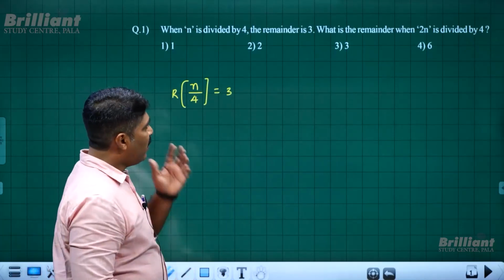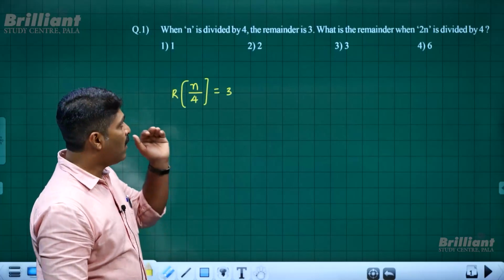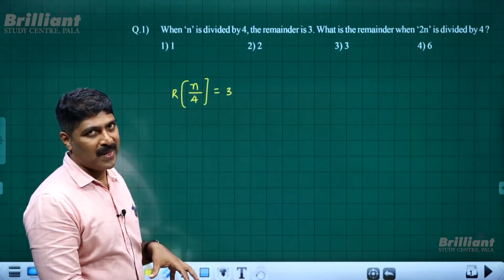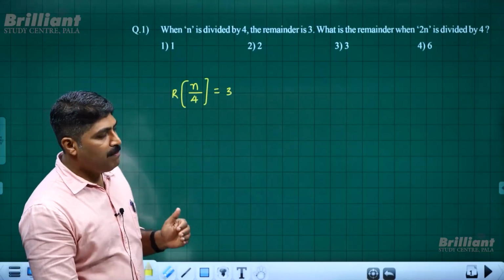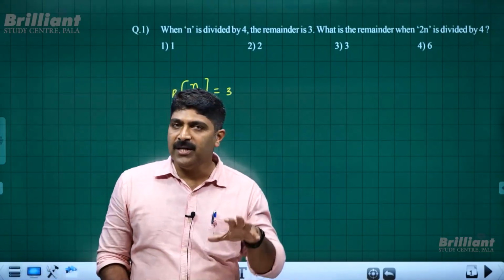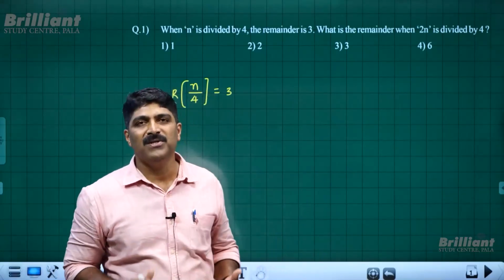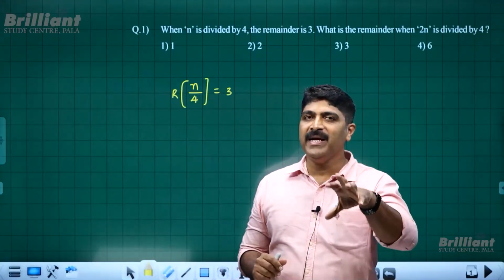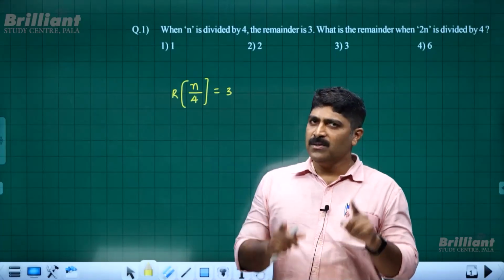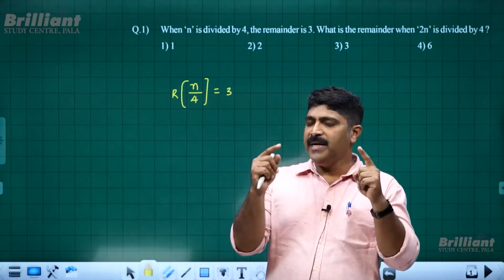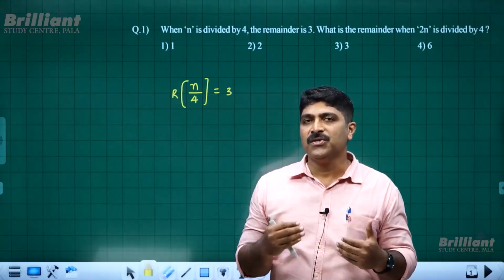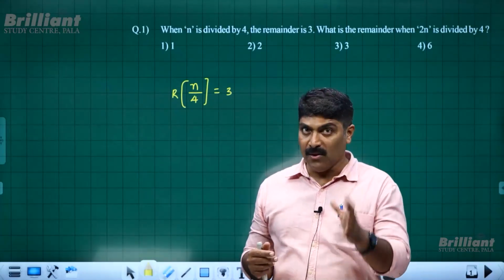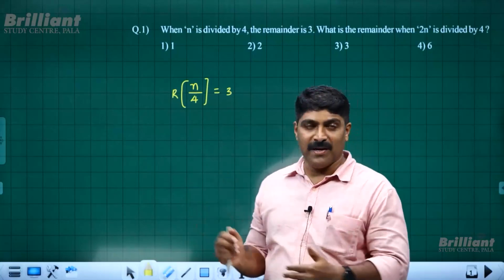We are considering a sample-wise approach, so think about such a number that leaves a remainder 3 when divided by 4. Which will be the least such value that rushes into your brain? Hopefully that will be 7, right?